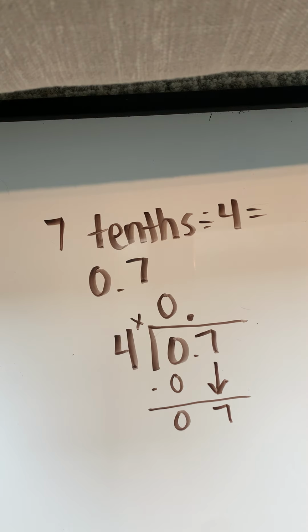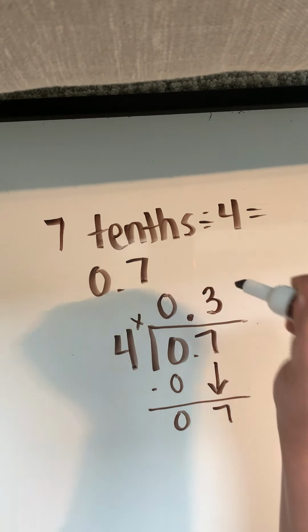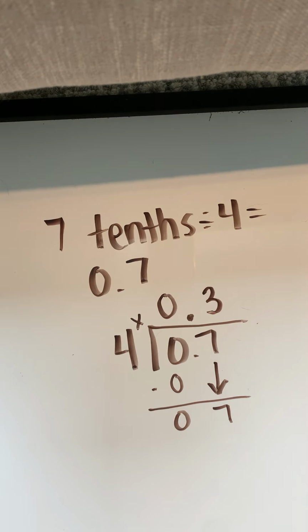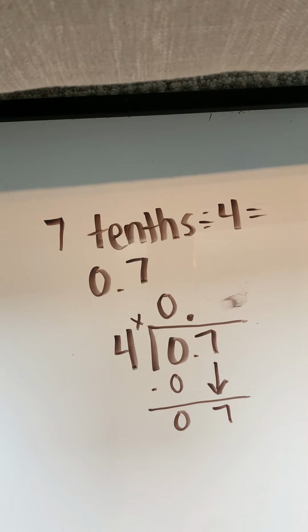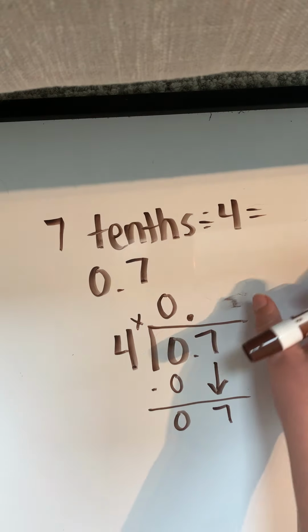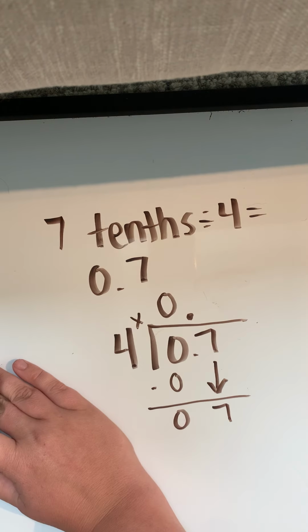4 times what will get me close to 7? Great job. 3. Whoops. Just kidding, guys. I was thinking about another problem. I'll tell you what, sometimes my brain is mush, and that's okay sometimes, friends. We're going to try that again. 3, Miss Cantrell? That would be 12.